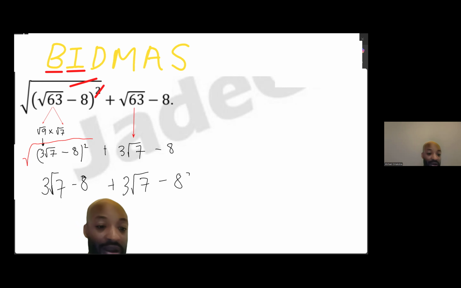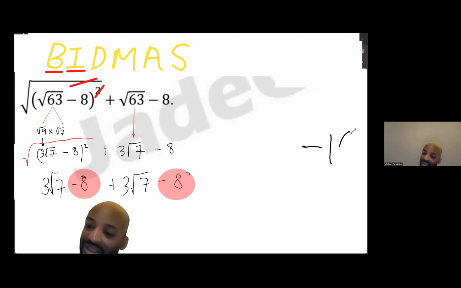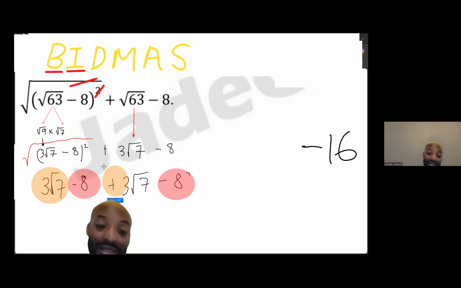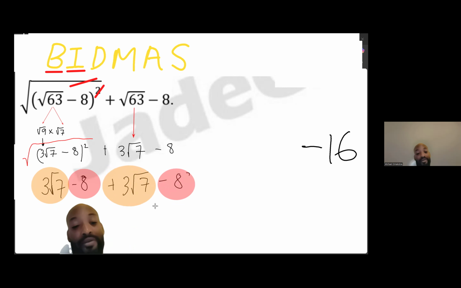Now, this brings us to the next bit of our simplification. We have a minus 8 minus 8. So minus 8 minus 8 is minus 16. I'm going to just write that here. We also have 3 root 7 plus another 3 root 7.